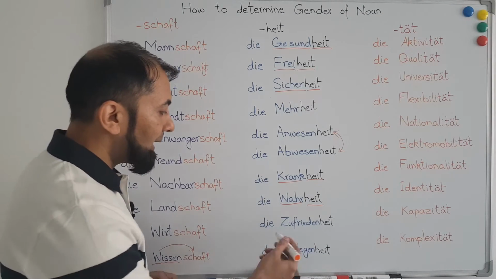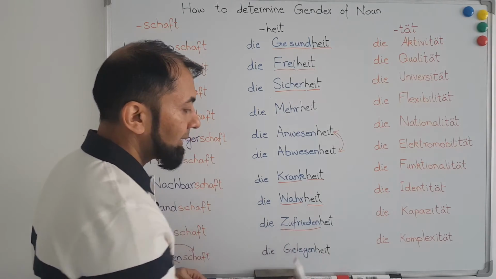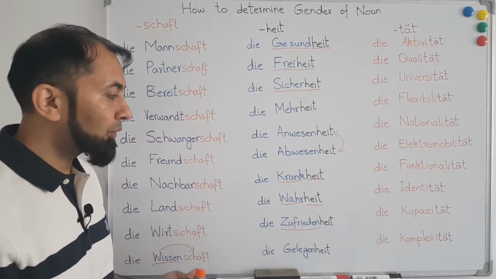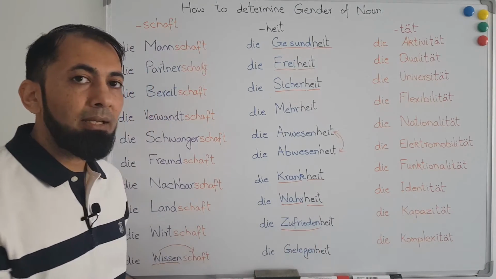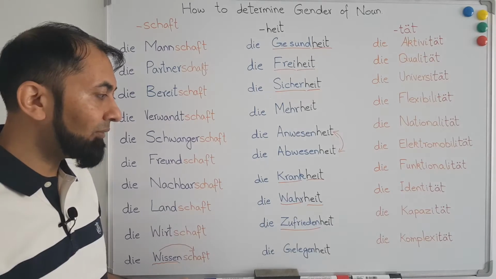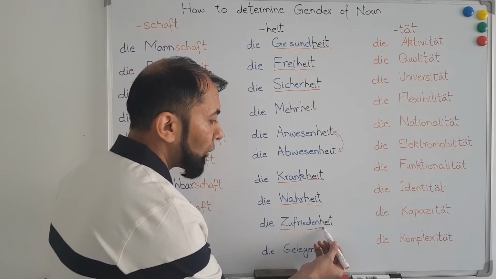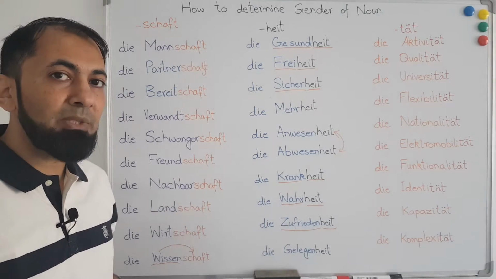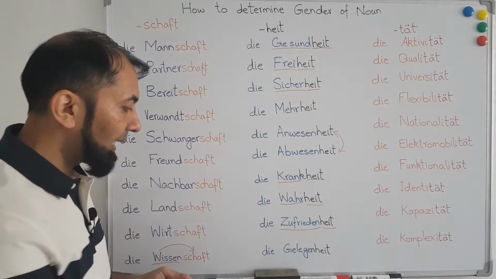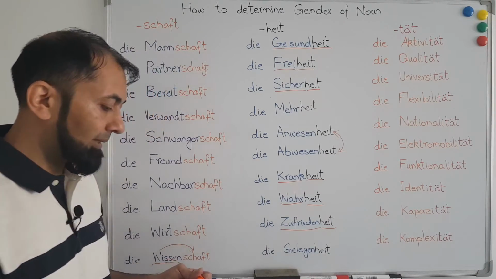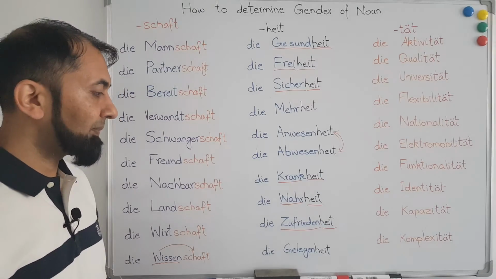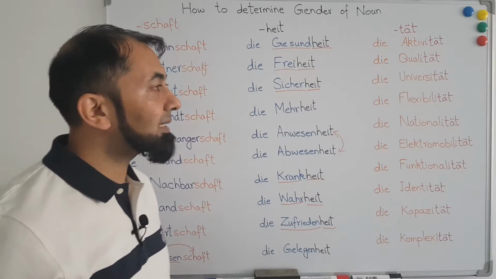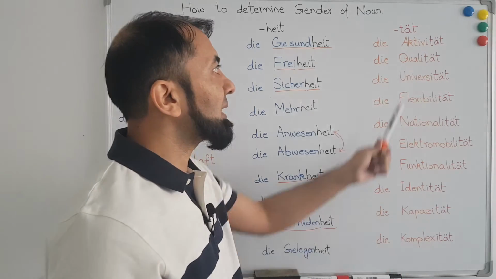Next is die Zufriedenheit. Zufrieden alone means satisfied. It's an adjective. But if it is followed by a suffix -heit, then it becomes Zufriedenheit, which means satisfaction. Die Gelegenheit, the opportunity.